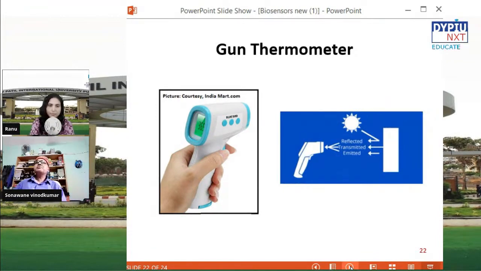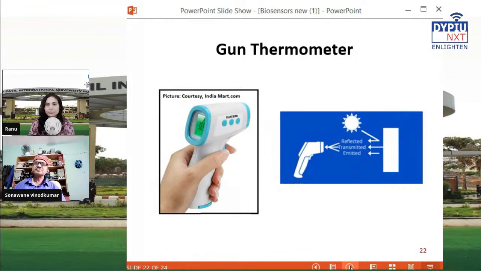If a higher temperature is there, it is immediately identified on the screen. In the COVID pandemic period, we could very quickly verify whether a person is infected or ill. We get the sense of temperature within a fraction of a second from this device.